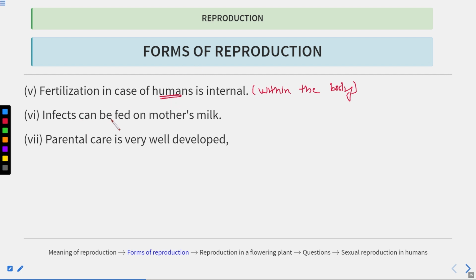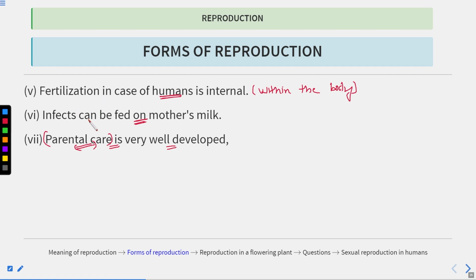Now the infants feed on the mother's milk. This is also true. And the parental care is very well developed, and the young ones are taken care of by the parents. So that's why the survival rate is also very high. Clear? Because they undergo parental care.